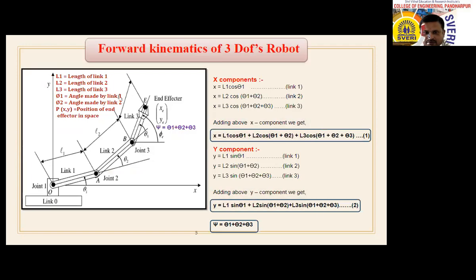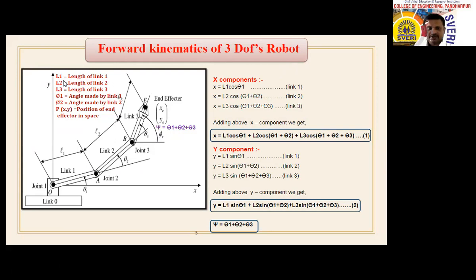Now forward kinematics of the 3 degree of freedom robot. Why is it called 3 degree of freedom? Here an additional angle has been provided, theta 3: theta 1, theta 2 and theta 3. Therefore 3 coordinates means 3 angles are required, so it is known as a 3 degree of freedom robot.